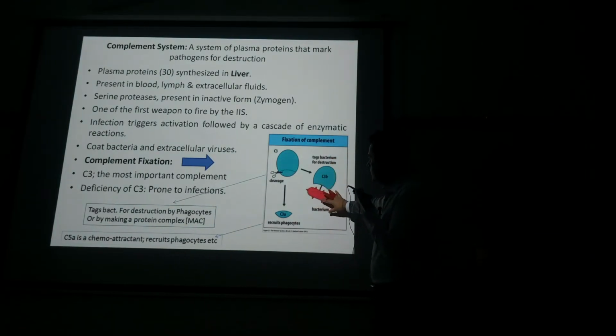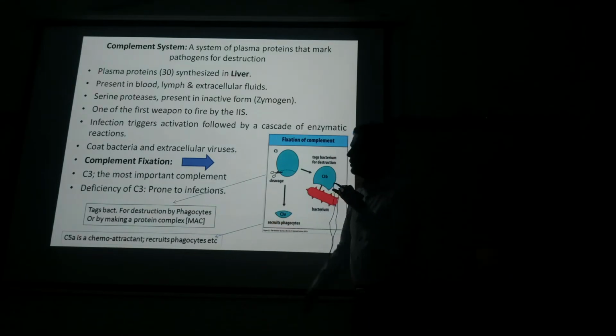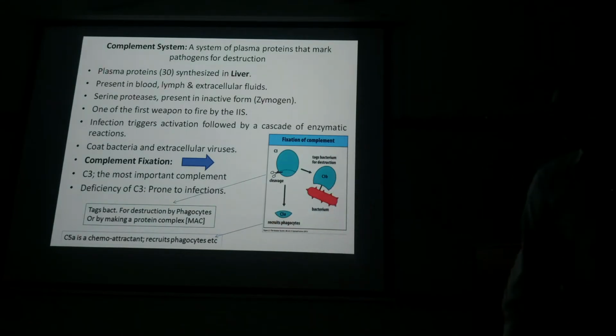When it attaches to the bacterium, this is called tagging, coating, or fixation of the complement. The other part, C3a, is a chemoattractant. C3a or C5a, both of them are chemoattractants, and they recruit phagocytes to the site of infection.